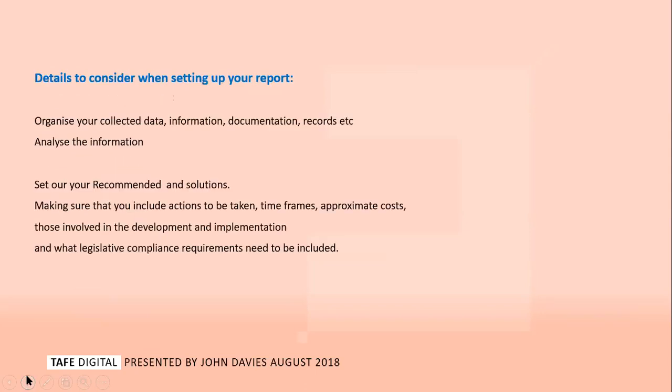Details to consider when setting up your report. Conduct a systematic analysis of the incident to identify underlying causes, in other words, root cause analysis. Establish the facts by covering who, what, when, why, where, and how.